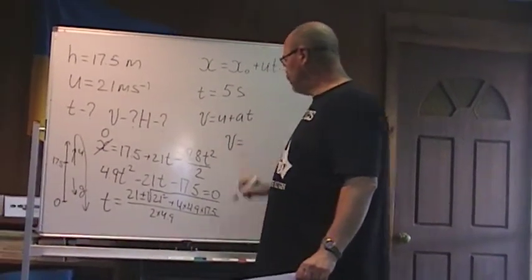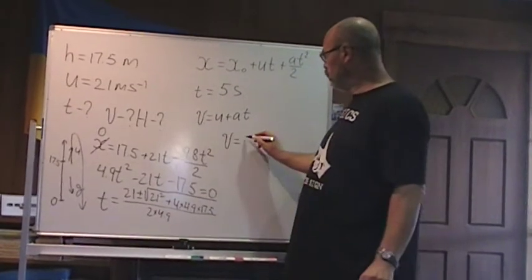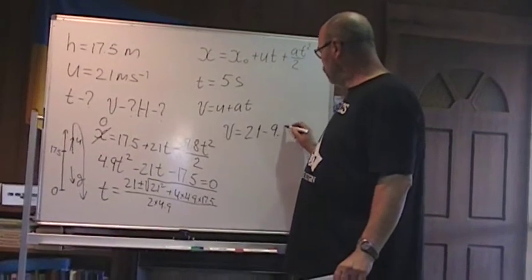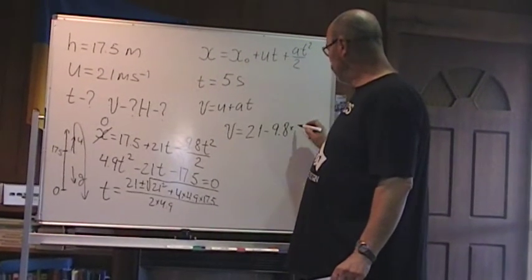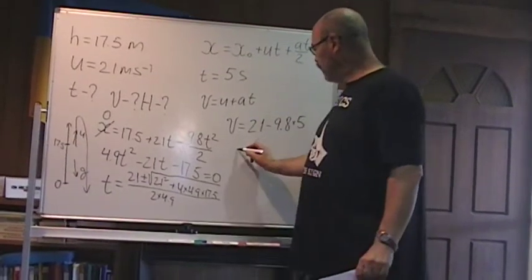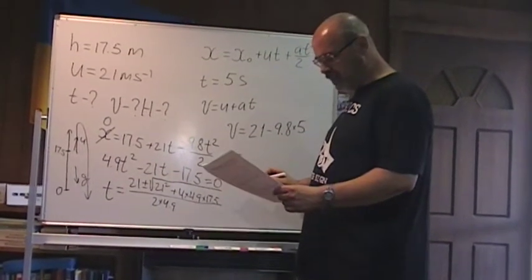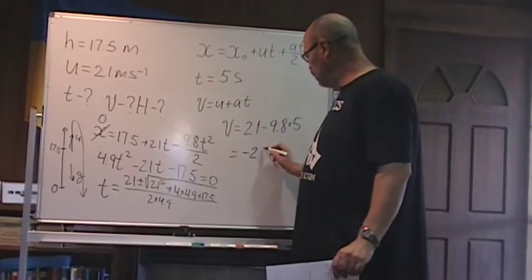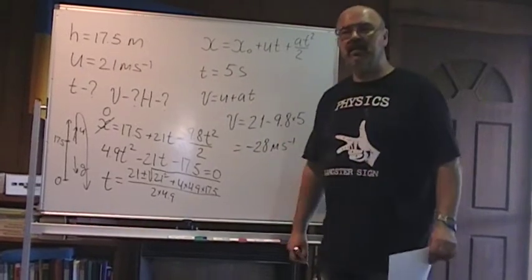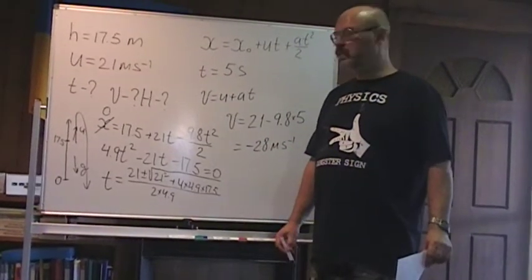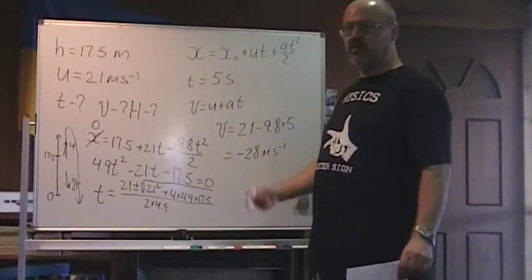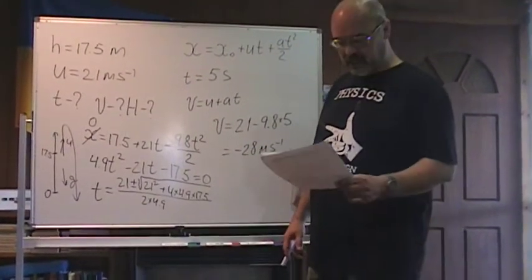So V will equal 21 minus 9.8 times the time we have just found, times 5, and we get negative 28 meters per second. The negative sign means direction: the final velocity is directed down. So if the question is speed, the answer is 28 meters per second.